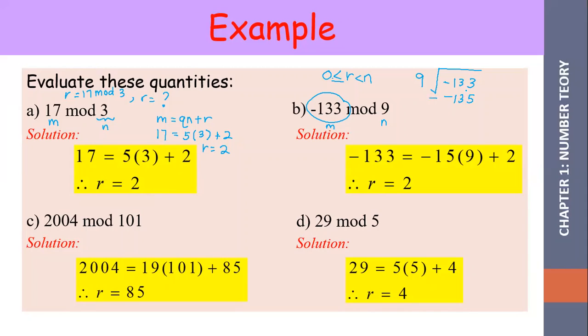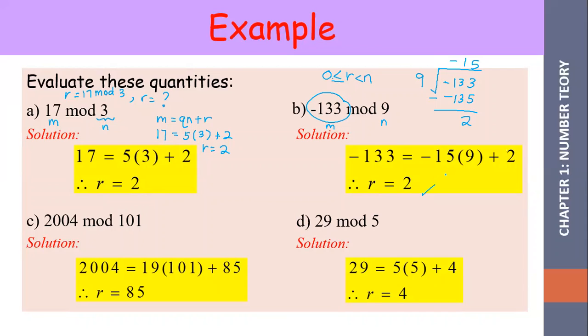Then negative 133 minus negative 135 gives 2. Here the quotient is negative 15. Can you see the remainder is 2, which is greater than or equal to 0 and less than 9.